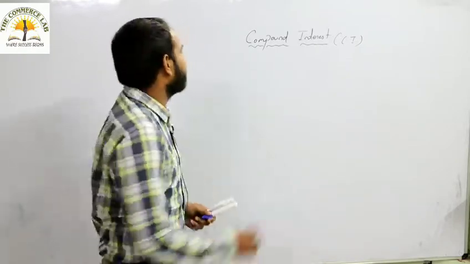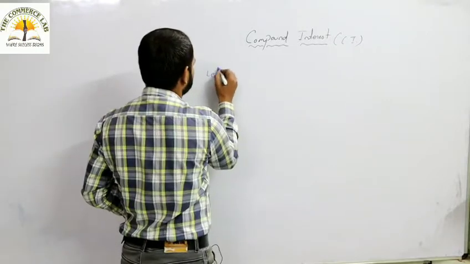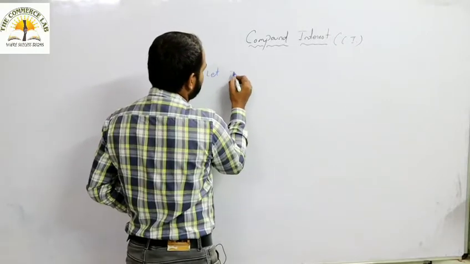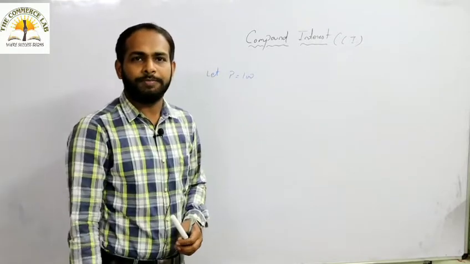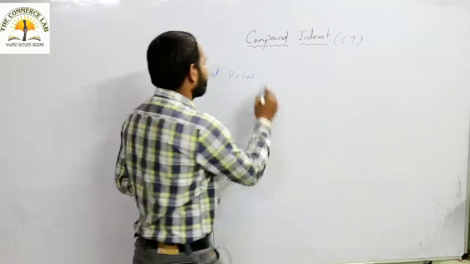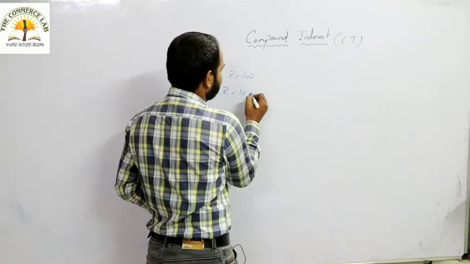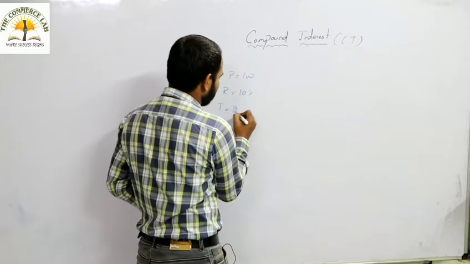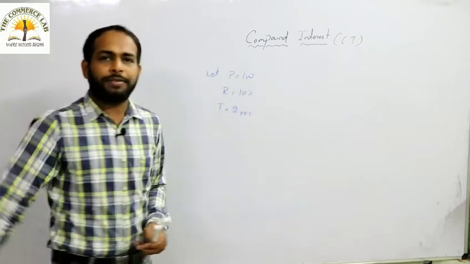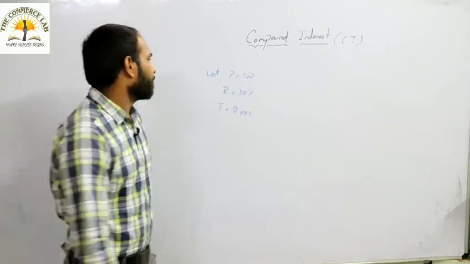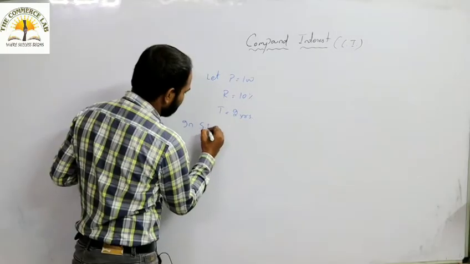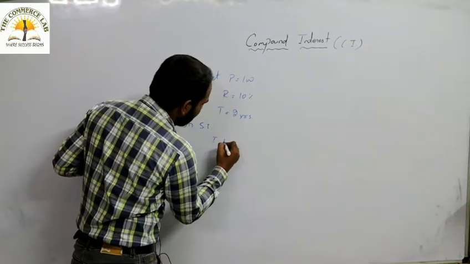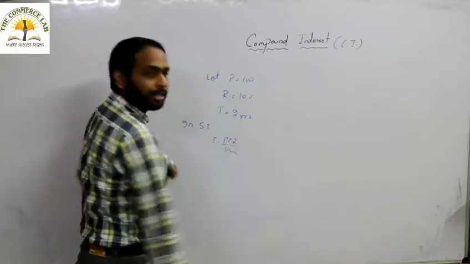So let's go for one example. Let principal equal 100 rupees, rate of interest is 10%, and time period is 2 years. In SI, we directly calculate I equal to PTR by 100.